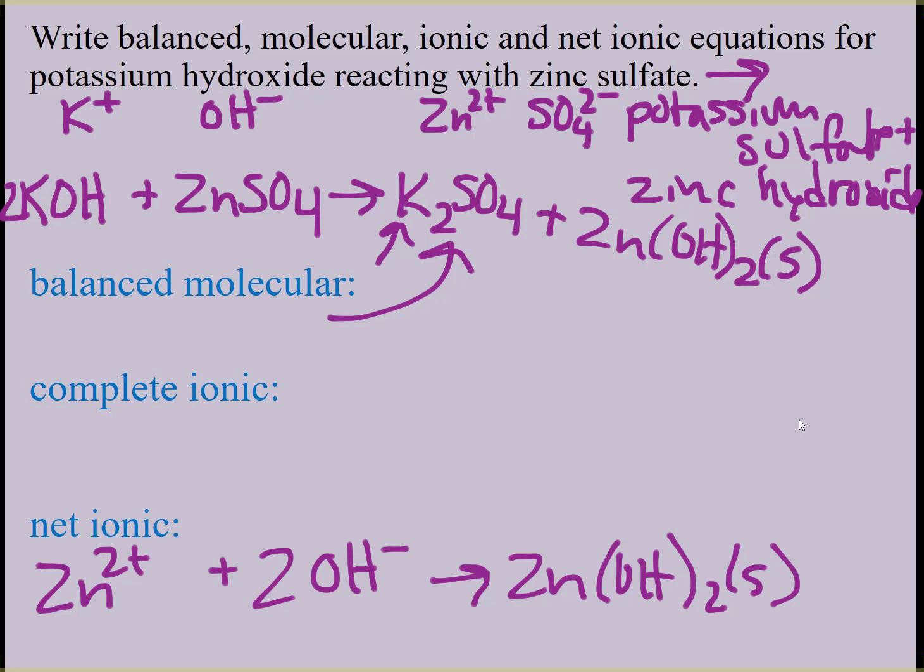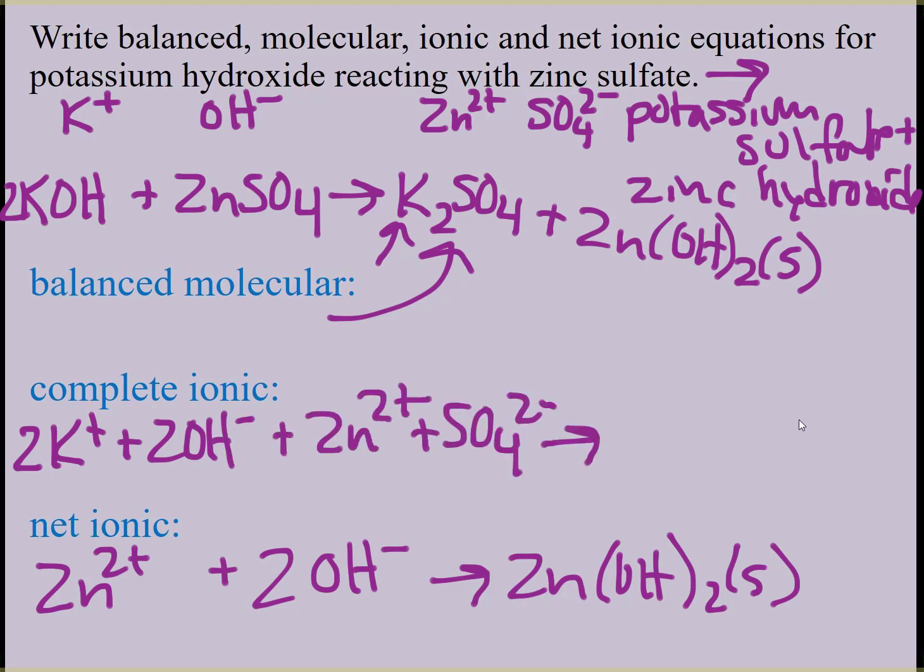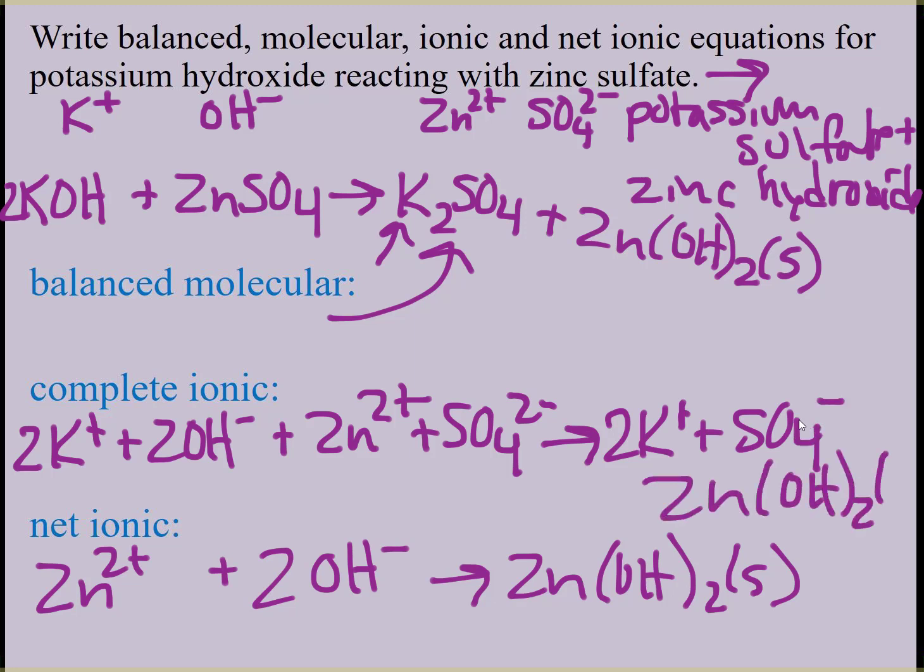We could go and split this whole thing in the complete ionic. So first everything's split up into its ions. And then on this side, I know that the potassium splits up because it always dissolves. But this zinc hydroxide is going to stay together because that's the point of the reaction, I made a solid.